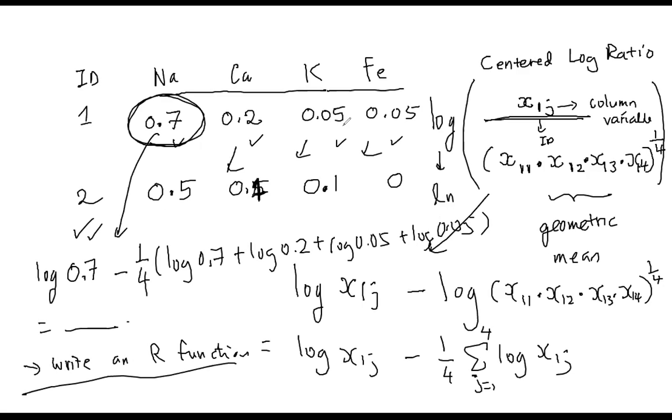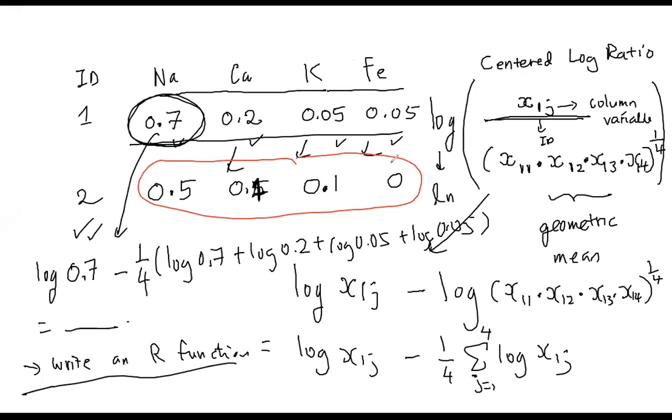It's actually easy to do if everything is non-zero. The problem comes when you have something like this, because one of the variables here has a 0 value. You are going to get a problem when you do the geometric mean, because as long as one of these is 0, the whole thing becomes 0.